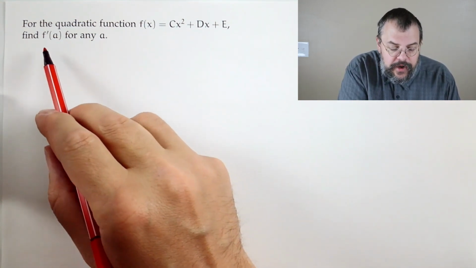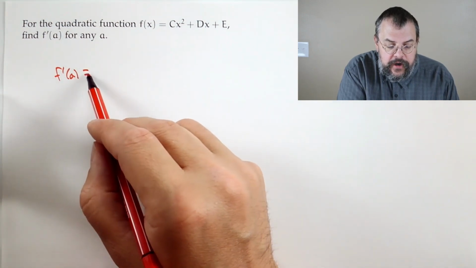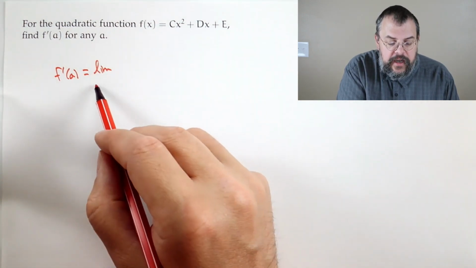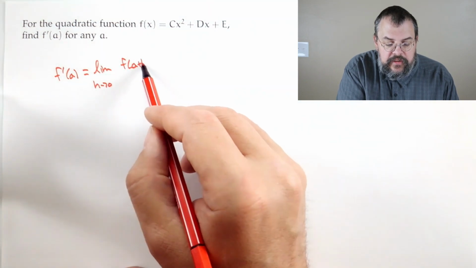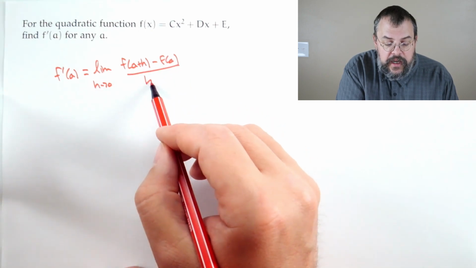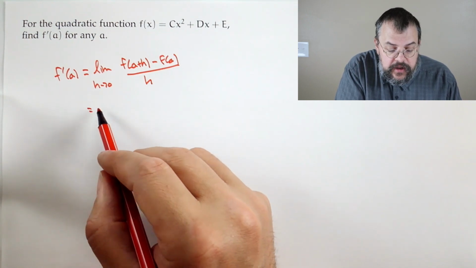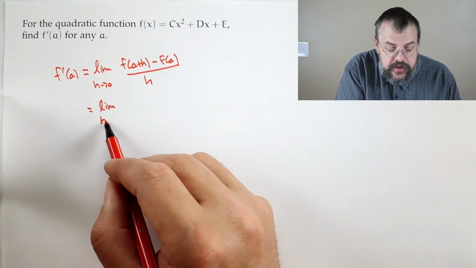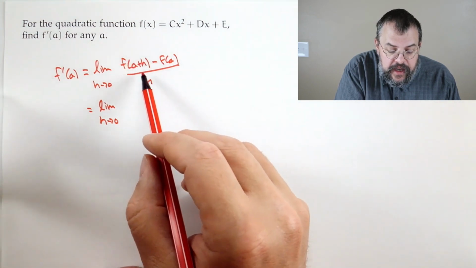So let's just work through it. f prime of a, according to our definition, that's the limit as h goes to 0 of f of a plus h minus f of a all over h. Definition. Good place to start. Equals the limit as h goes to 0. Now, I'm plugging in a plus h.